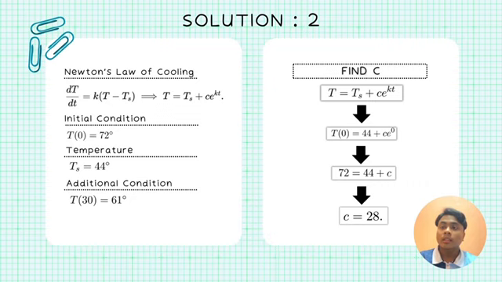Second, we substitute the initial condition T0 equal to 72 into the equation. So we get 72 equal to 44 plus Ce^(k·0). Since e^0 equal to 1, the equation simplifies to 72 equal to 44 plus C. Solving for C, the value of C is 28.